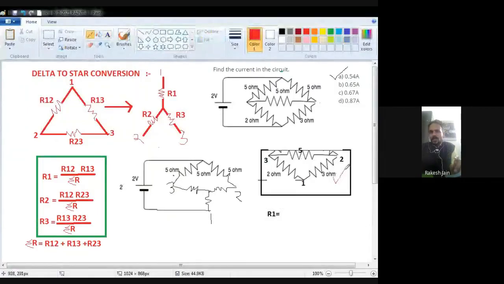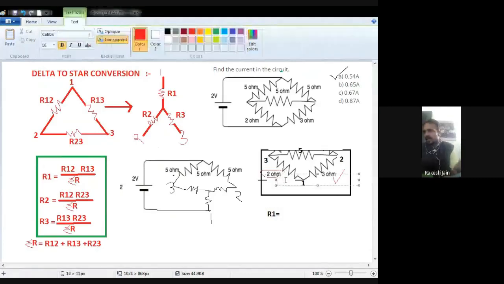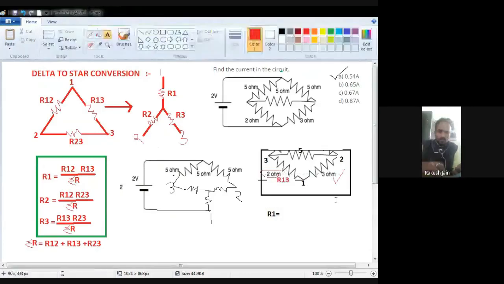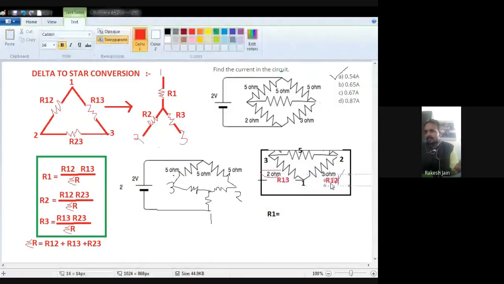Then how will my star network look? Because the star is just opposite to this one. Now this delta network will be removed completely.